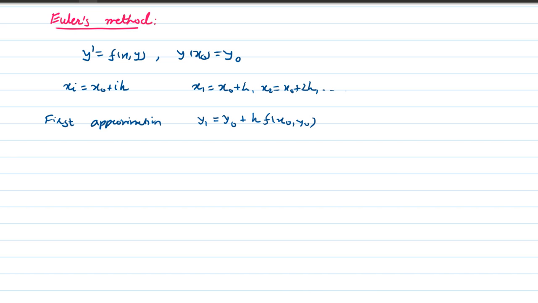x0 and y0, both the information are available. h is the common difference. Similarly, for the next iteration, the second approximation y2 is nothing but y1 plus h times f of x1, y1.